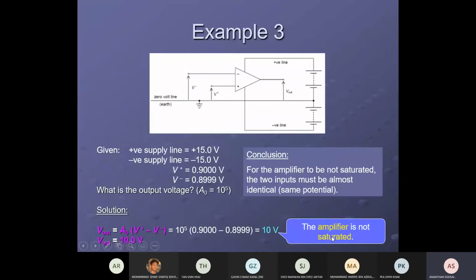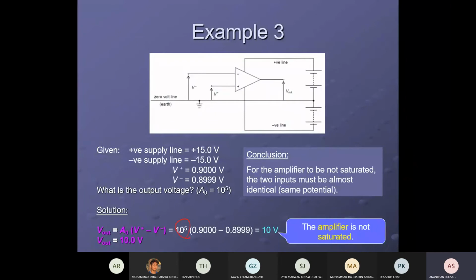Normally saturation happens. Questions also ask, why is the op-amp easily saturated? What's your answer? Because it has a very huge gain, 10 to the power of 5.